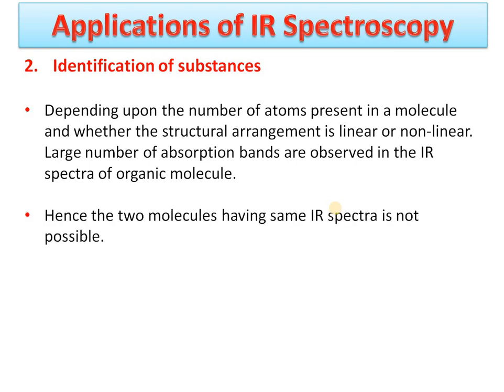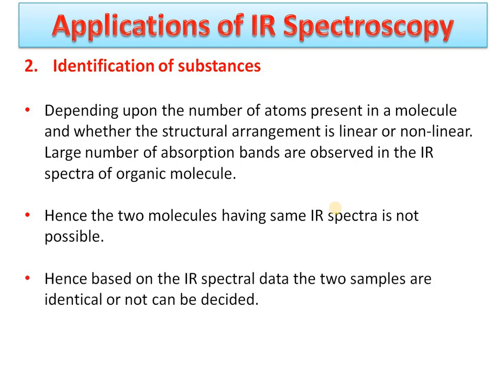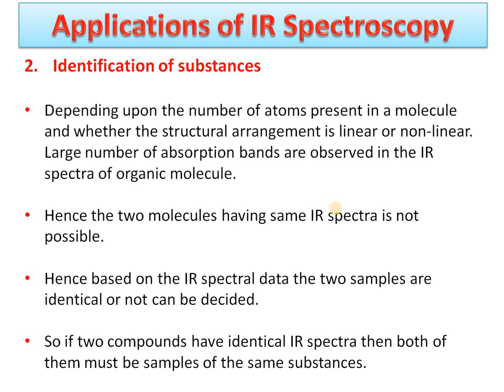Hence, two different molecules having the same IR spectra is not possible, and based on the IR spectral data, whether two samples are identical or not can be decided. So if two compounds have the same IR spectra, especially the fingerprint region, then both of them must be samples of the same substance.